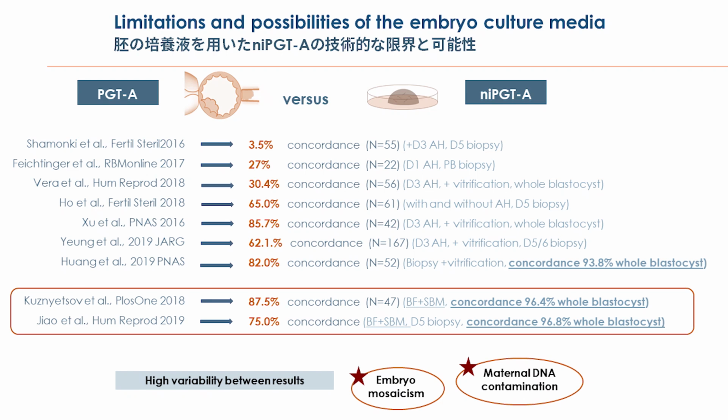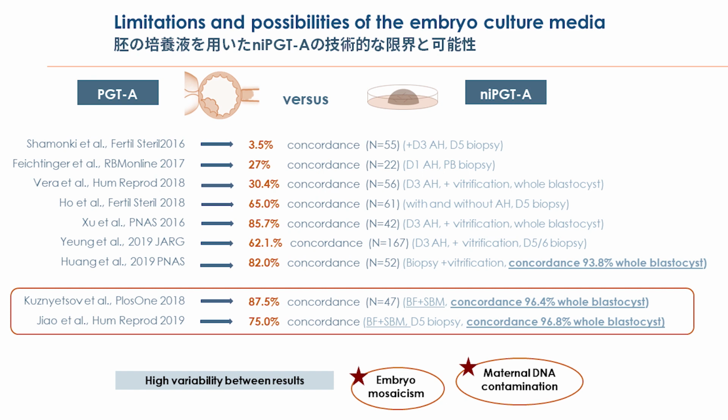They were doing assisted hatching in most of the studies, or they were doing biopsy previously to the collection of the media, or vitrification was also incorporated previously to the collection of the media. And also in 2 studies, the culture media was combined with the fluid of the blastocoel cavity.